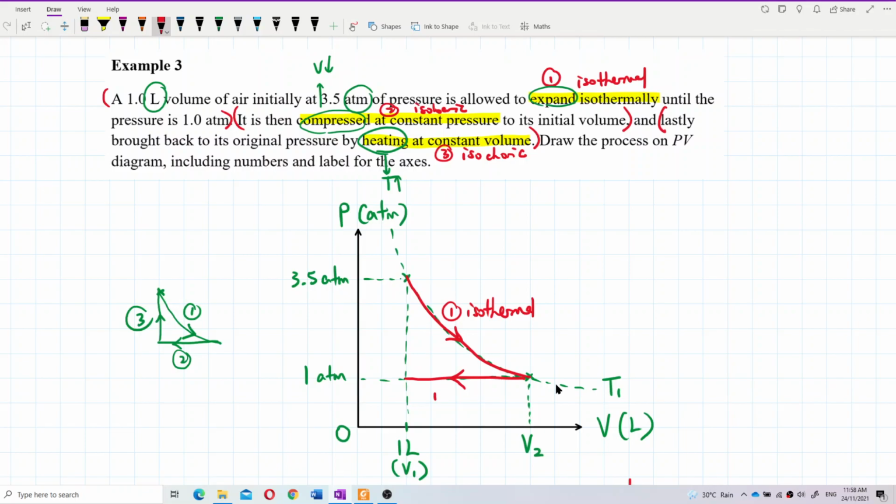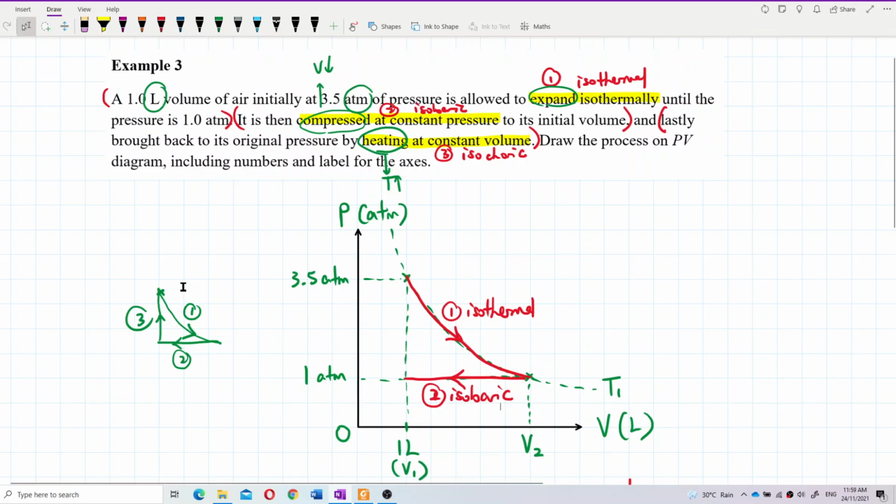This is number 2, which is isobaric, constant pressure back to initial volume. Lastly is constant volume. Constant volume is isochoric. Constant volume, that means maintain at 1 liter.